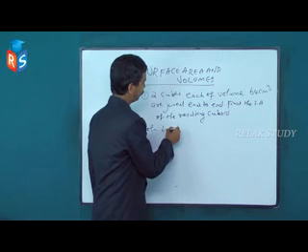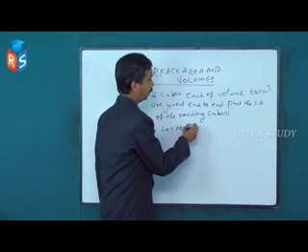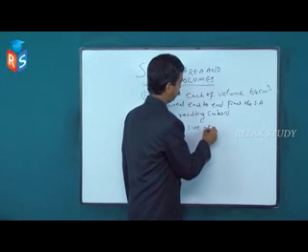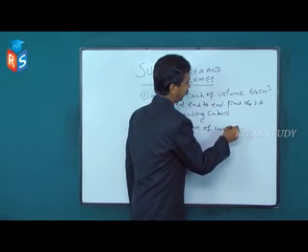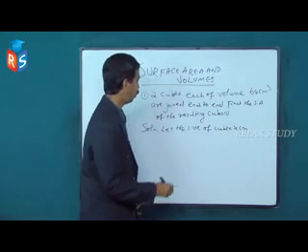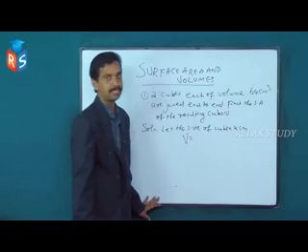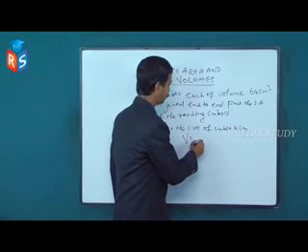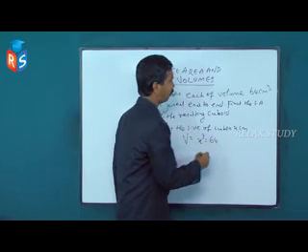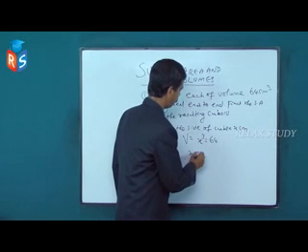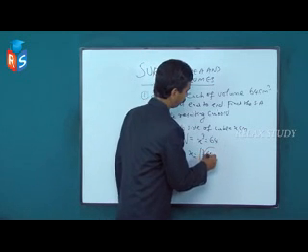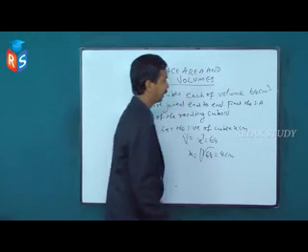Let the side of the cube be x centimeter. We know the volume of cube is side cube, so x cube is given as 64. So x is cube root of 64 equals 4 centimeter.